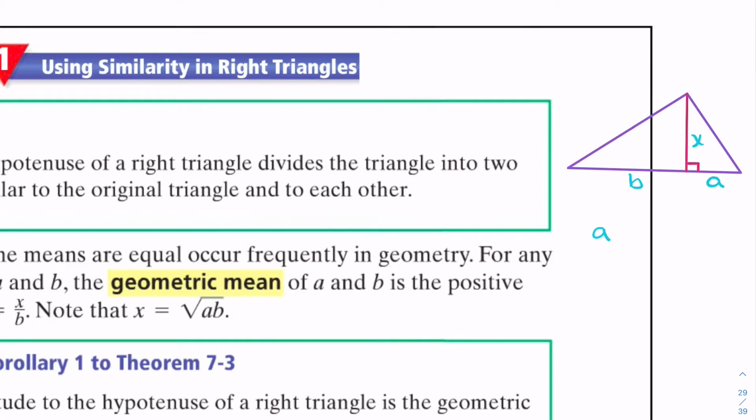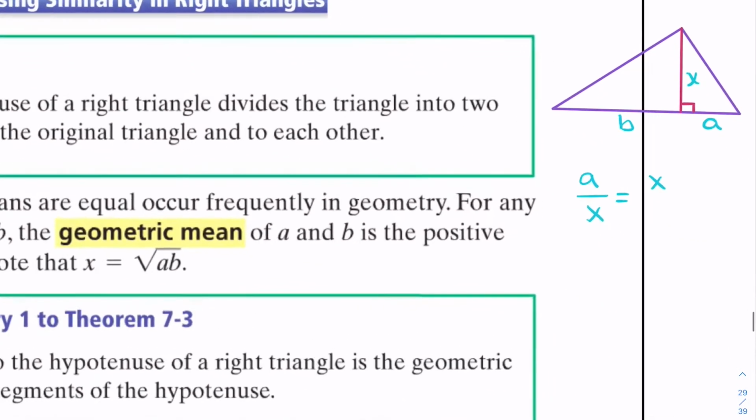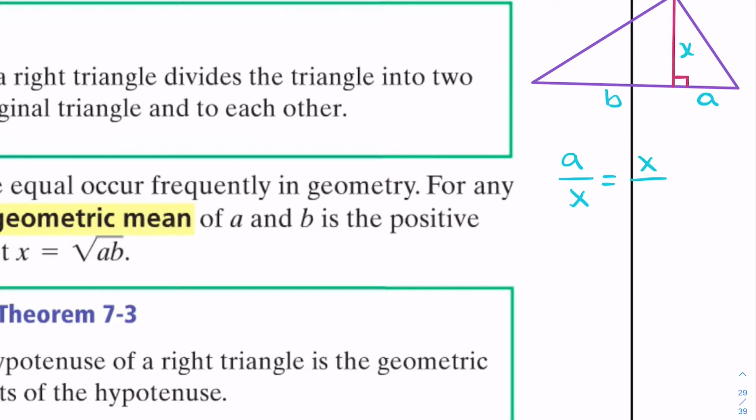What's really cool is A is proportional with X, as X is proportional with B. If I find my cross products, x squared equals a times b.